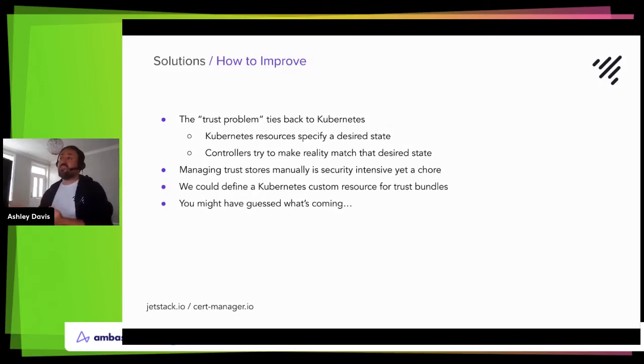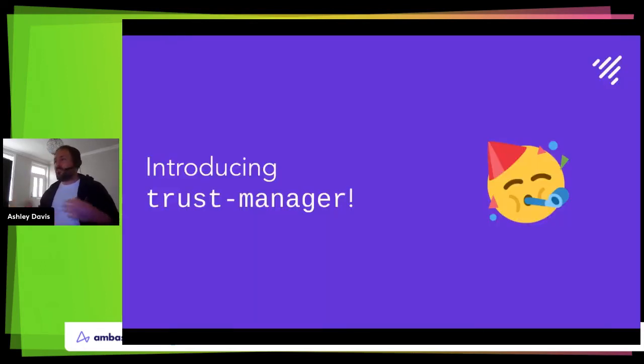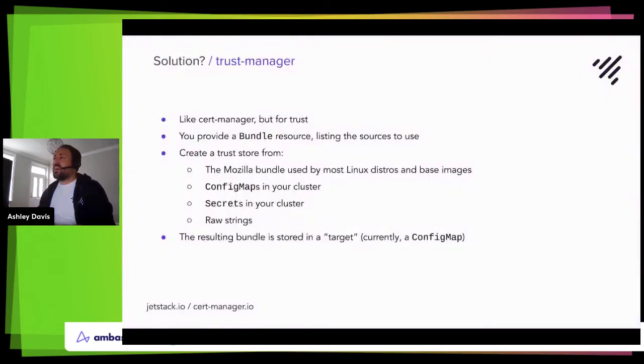And actually, you might have guessed where this is going based on me talking about this. Introducing Trust Manager, right? If I had a little party popper or something, I would do it right now, but you'll just have to enjoy the emoji in the absence of that. I genuinely cannot think of a better elevator pitch for Trust Manager than to say it's like cert-manager, but it's for trust, right?